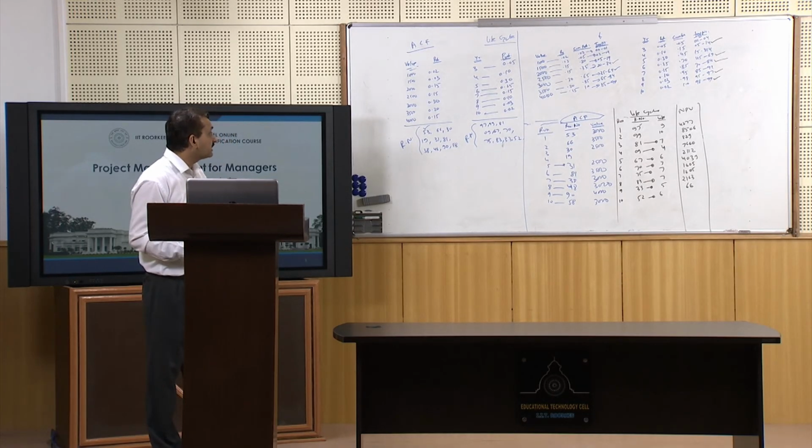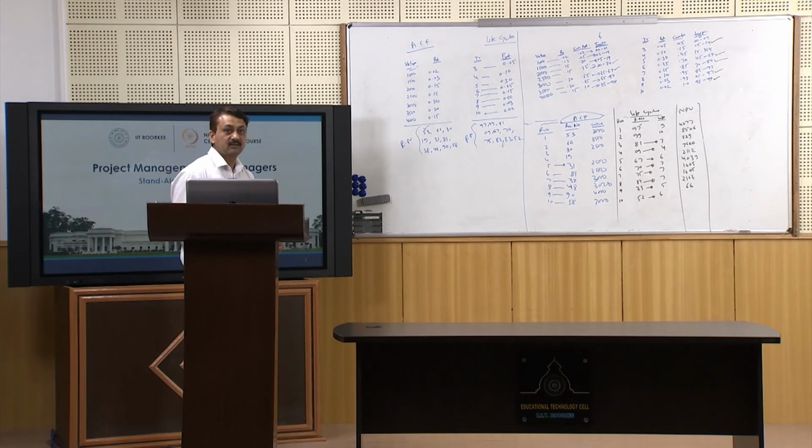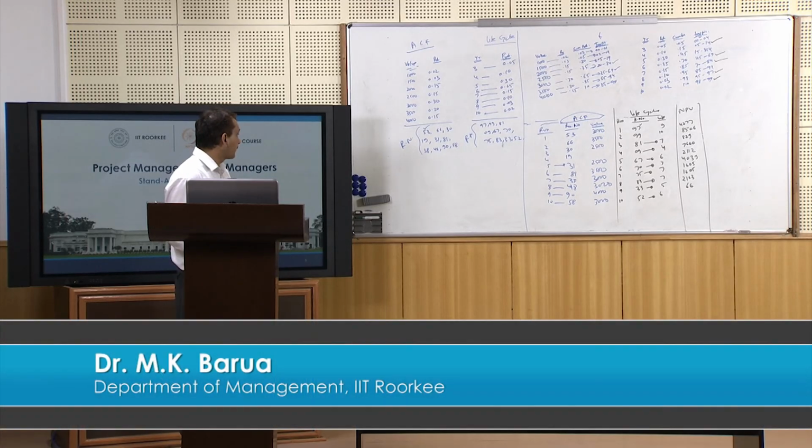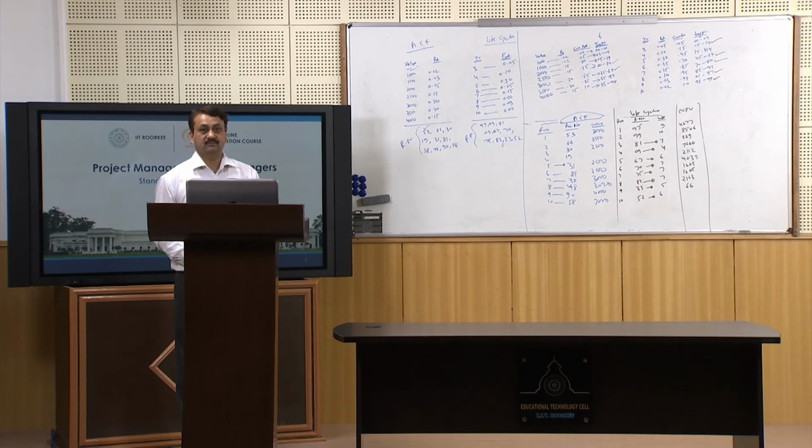So use probability distributions to come up with tag numbers, and then you will have to use random numbers, and the random numbers will decide what the answer would be. If you change random numbers, your NPV will also change.